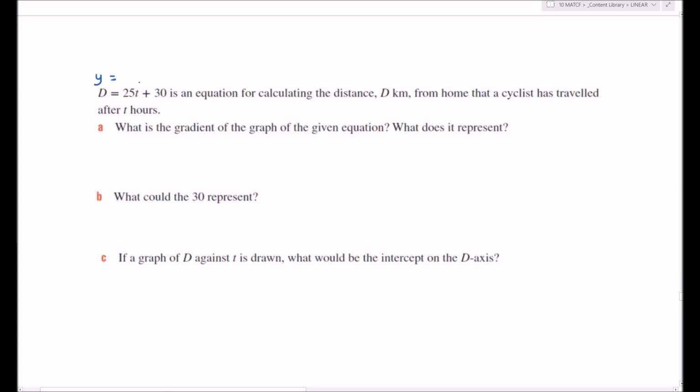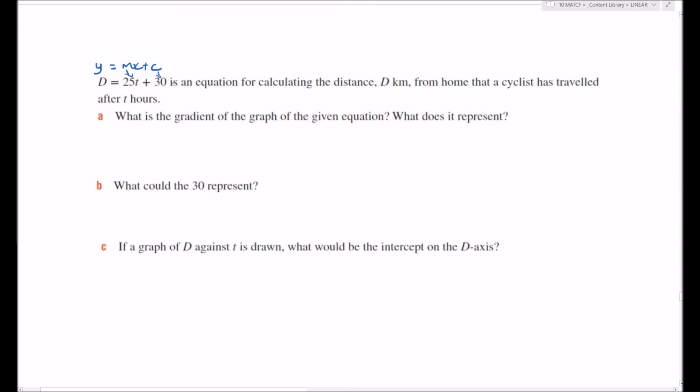It could be other things as well, but in this case it's time. But just to recap, remember this formula is saying y equals mx plus c, and just remember what each of these variables refer to. So the gradient is 25, y-intercept is 30. And I've kind of given that already.